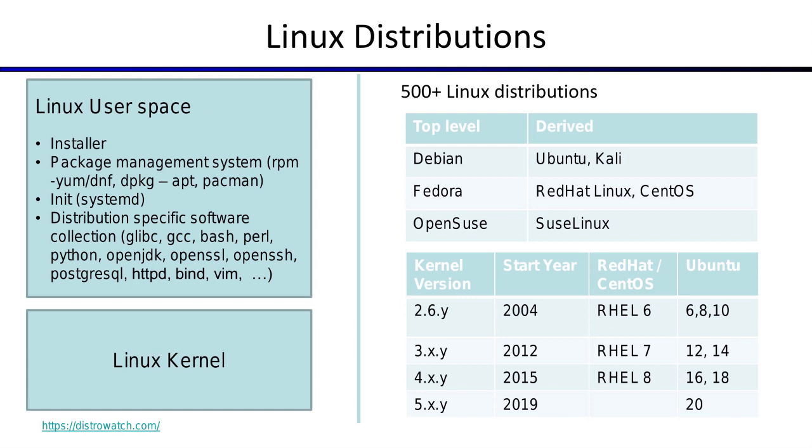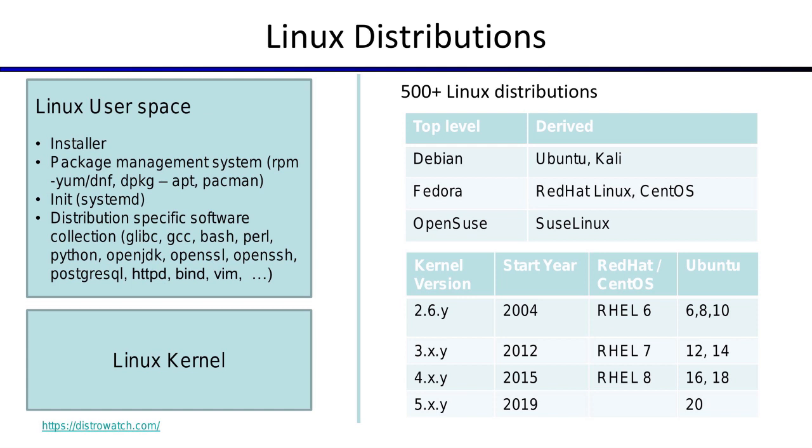And then there is a bunch of distribution-specific software collection. That could go with compiler, C libraries, programming languages, Perl, Python, JDK, different versions, different products, security libraries, OpenSSL, OpenSSH, databases, PostgreSQL, MySQL, web servers like HTTPD, and many more.